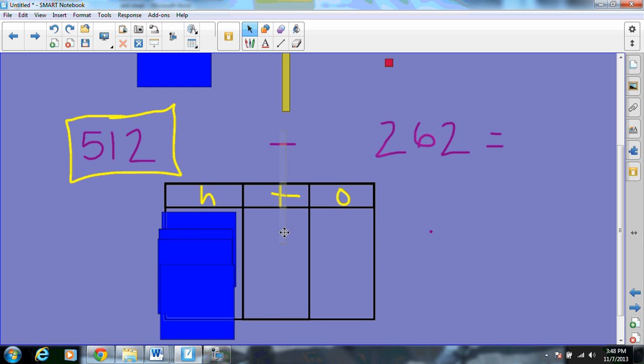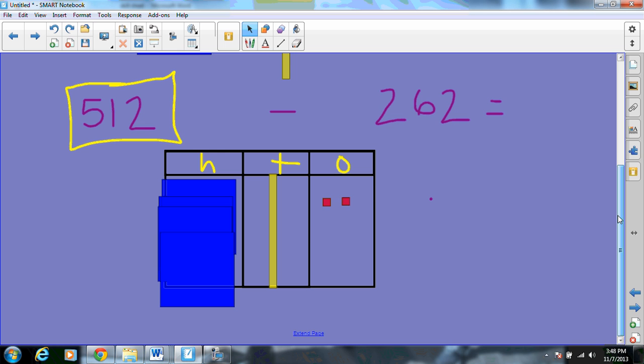And then 110, and then 2 ones. Now, we could look at 262 and we can take the things away right in order, and I'm just going to take a moment to write ones, tens, hundreds over it as well, and I'll do that here too.